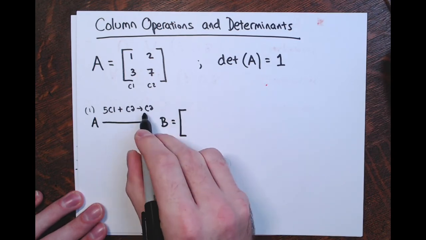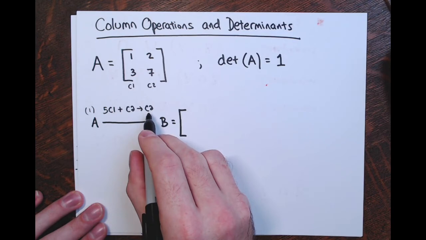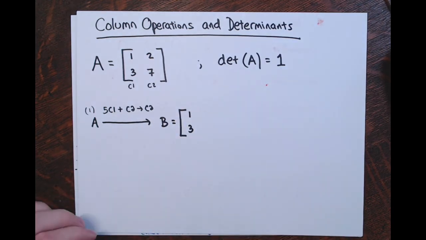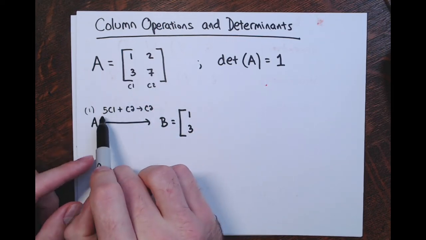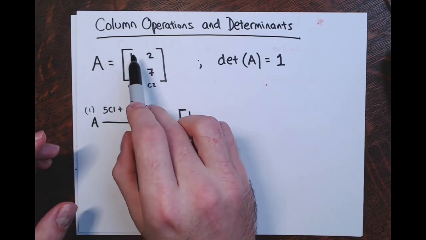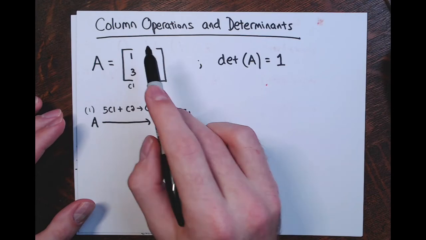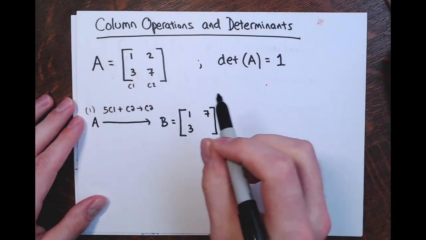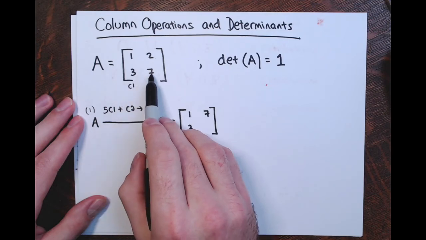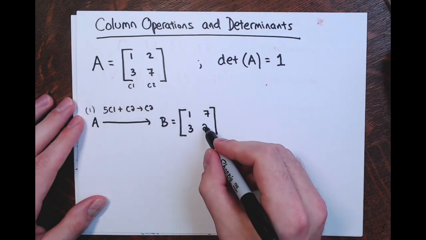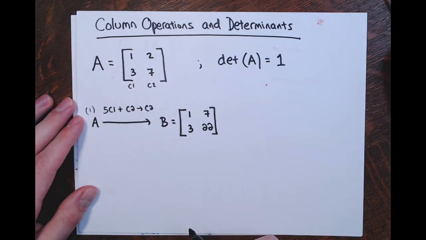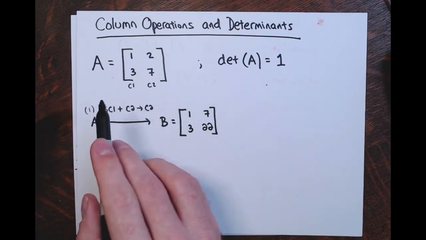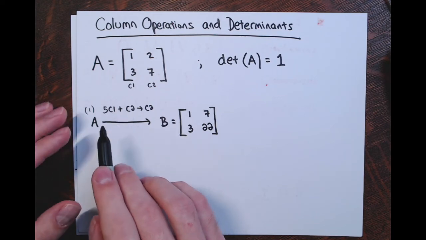Now I'm only changing the second column. So the first column with 1, 3 stays the same. And now let's say I multiply the first column entries by 5 and then add them to the second. So 5 times 1 is 5 plus 2 is 7. Makes a new column 2 entry. 5 times 3 is 15 plus 7 is 22. Alright, so now I have this new matrix with a new second column after adding a multiple of one column to the second column.